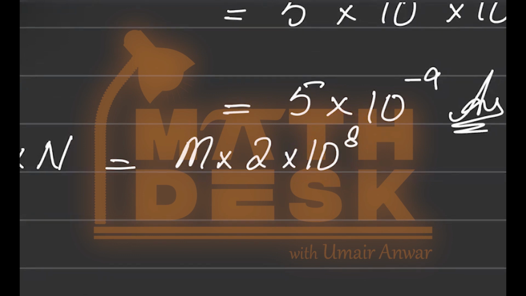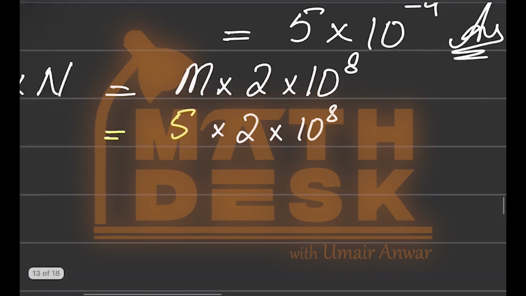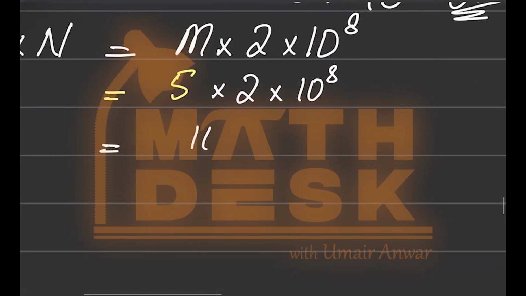So it means that we need to write a 5 in place of m, so that when that 5 gets multiplied with 2, it becomes equal to 10, and that 10 has an index of 1. That 1 would get added to 8.